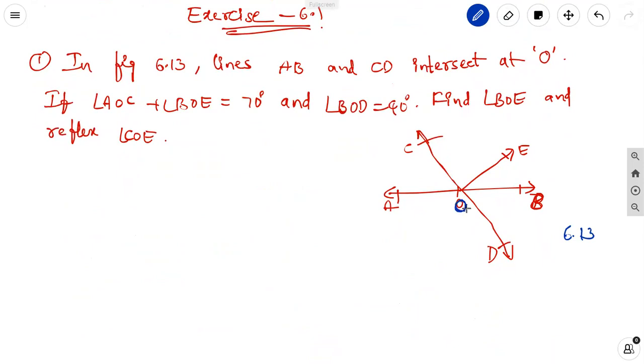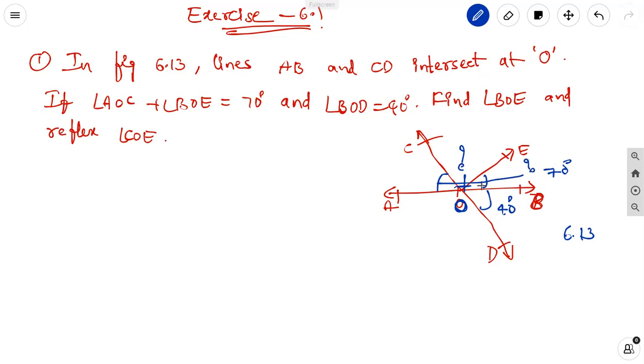Both are intersecting at O. If angle AOC plus angle BOE equals 70 degrees, these two summation is equal to 70 degrees, and angle BOD is given as 40 degrees, find angle BOE and reflex angle COE. Angle BOE equals how much?